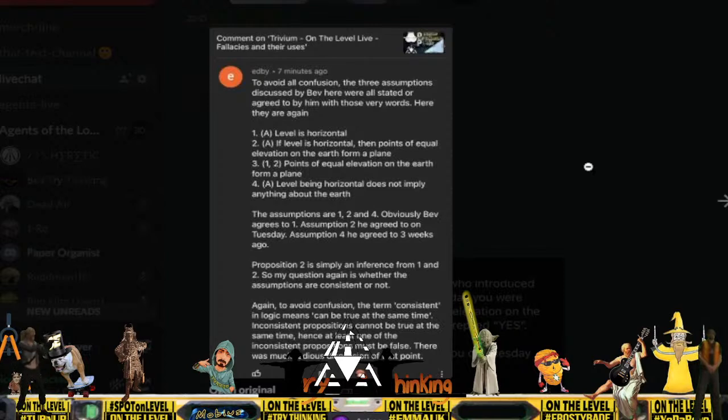Well, for me, go on. This first sentence, level is horizontal, and fourth, level being horizontal, is just repetition of the first, because we can say level is horizontal or level being horizontal. This is the same.